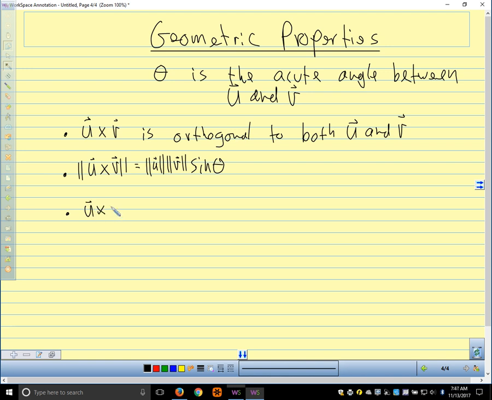u cross v equals the zero vector if and only if u and v are scalar multiples of each other.